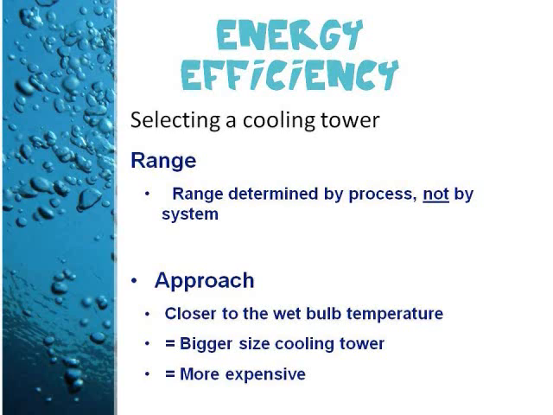As a general rule, the closer the approach to the wet bulb, the more expensive the cooling tower due to increased size. Usually a 2.8 degrees Celsius approach to the design wet bulb is the coldest water temperature that cooling tower manufacturers will guarantee.